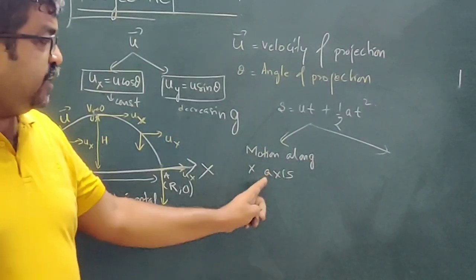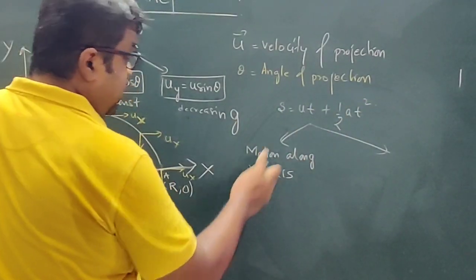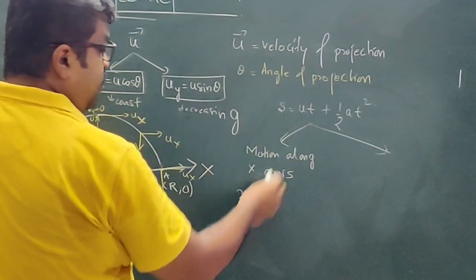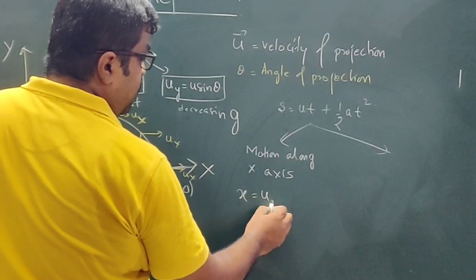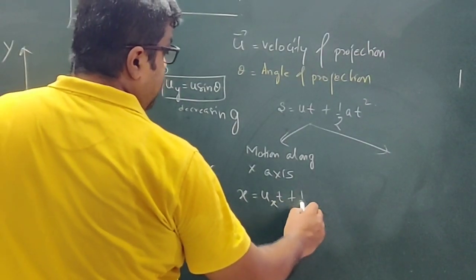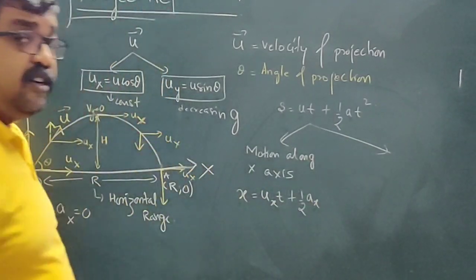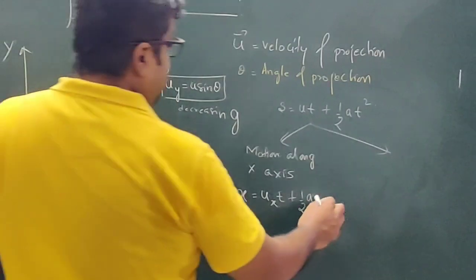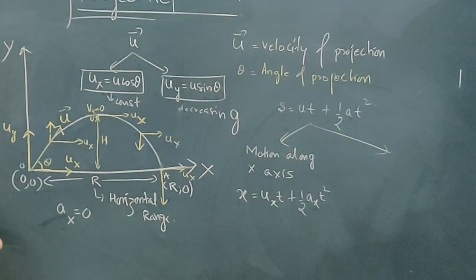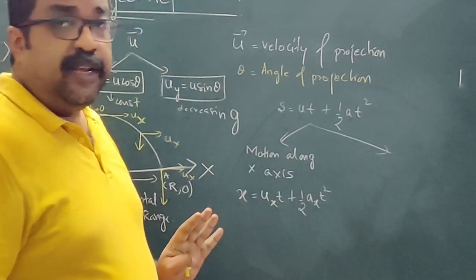So for motion along x-axis, I will break this equation as x, this is displacement along x-axis, ux, this is initial velocity along x-axis, t time, plus half ax t square, ax means acceleration along x-axis. Time will be the same for x-axis and y-axis. Time is not different. So time, I am writing it as t.